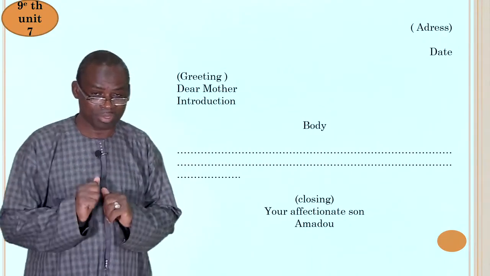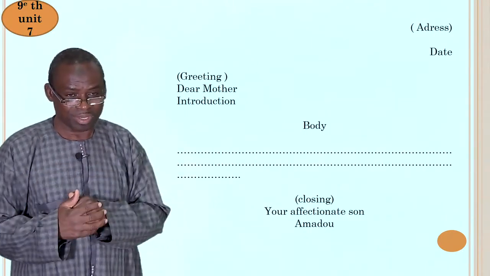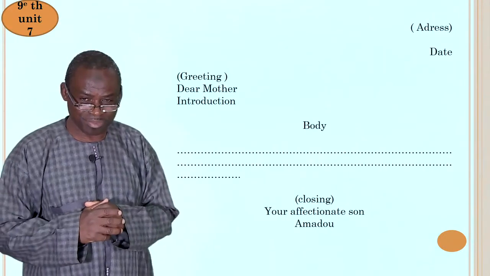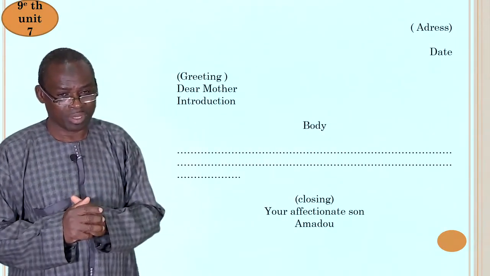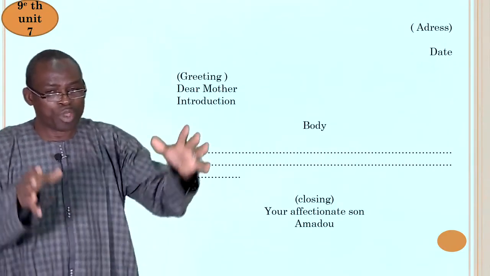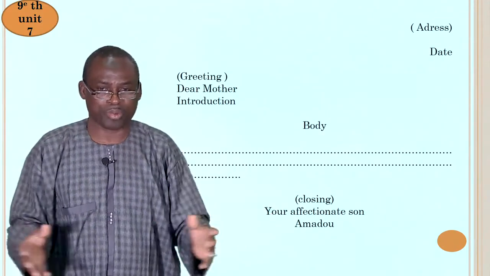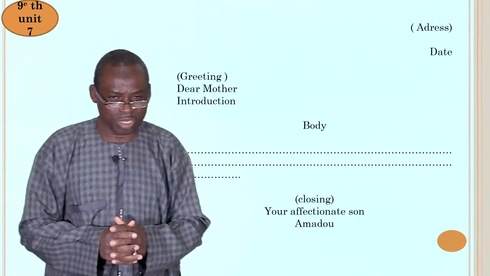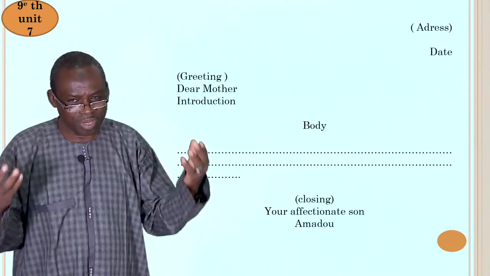And below is the introduction. You put your introduction below the greeting, okay? And after the introduction now is the body of your letter. So it's the main content you will have in your letter.